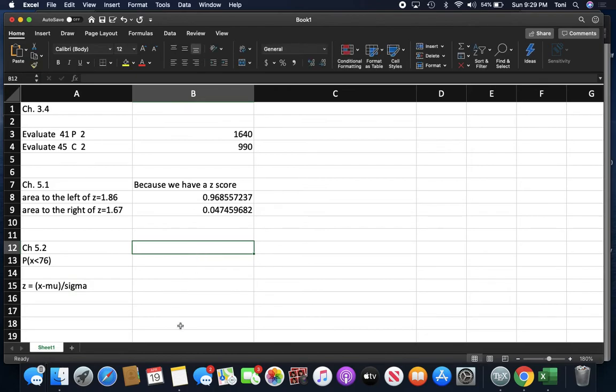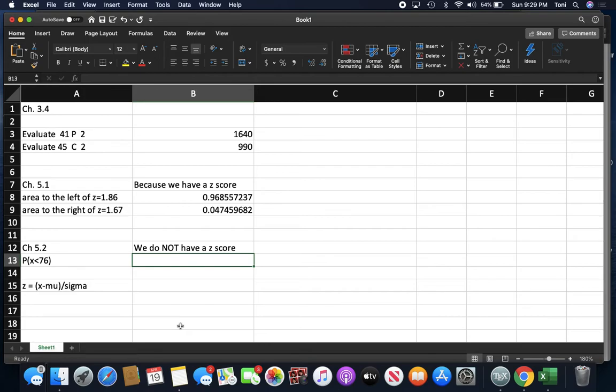But now here in Excel, we need to use a different function because we do not have a z-score. So since we don't have a z-score, we need to use a different function in Excel.